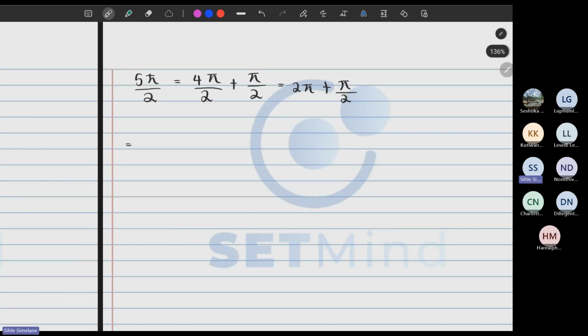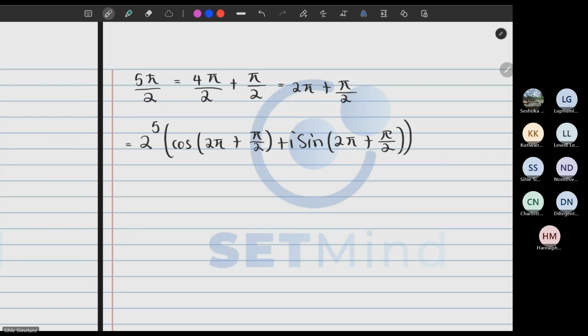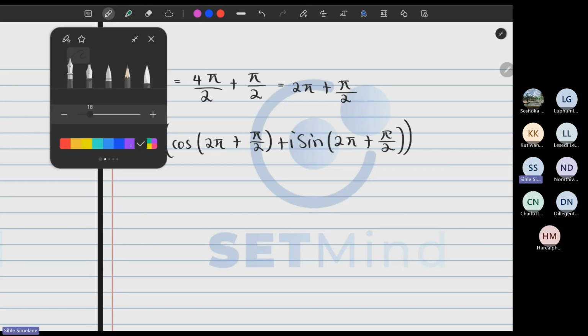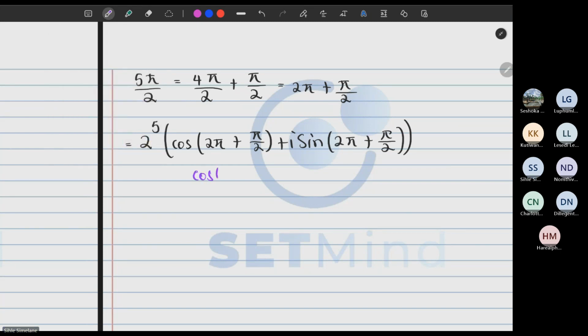So that means our answer will become 2 to the 5 cos of, think of it as 360, because 2 pi is 360, plus 90, plus i sine of 2 pi plus pi over 2. So if you remember, cos of 360 plus any angle is cos of that angle.